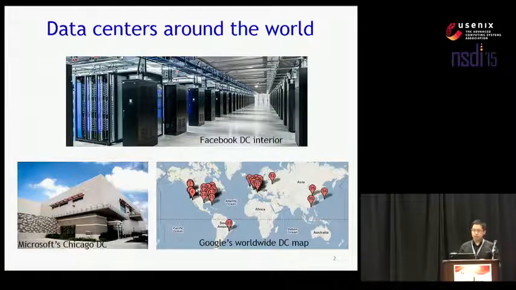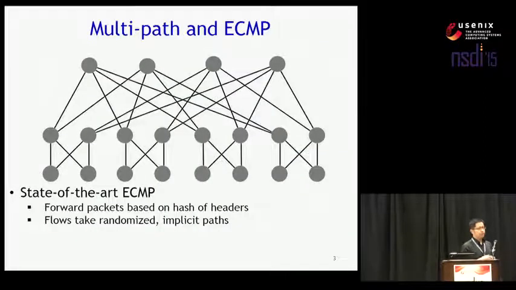To increase network bandwidth, which is a requirement for applications, and for fault tolerance, data centers are usually built with multiple paths between any two nodes. The current practice to utilize this multipath is ECMP, which is called equal cost multipath routing.